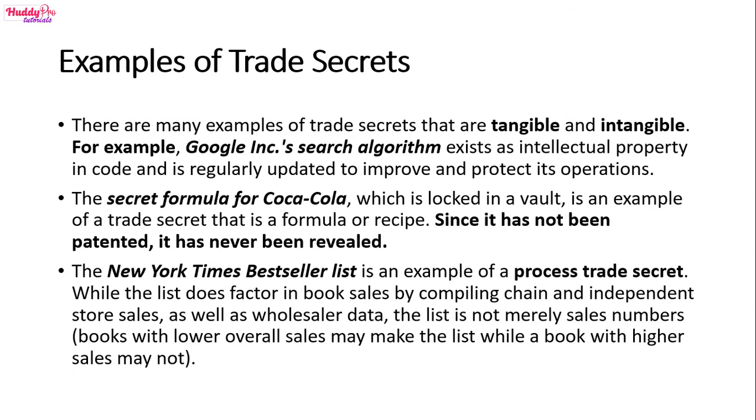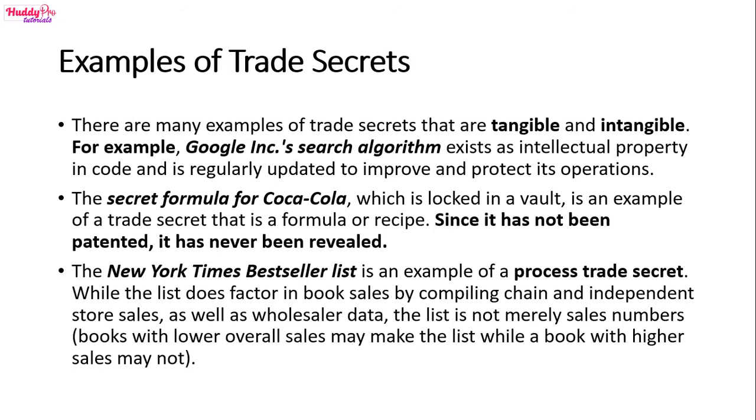That's their trade secret. There is a formula for Coca-Cola. It is said that it's locked in a vault where there is high security. It is protected. So this is also an example of a trade secret that is a formula or a recipe.